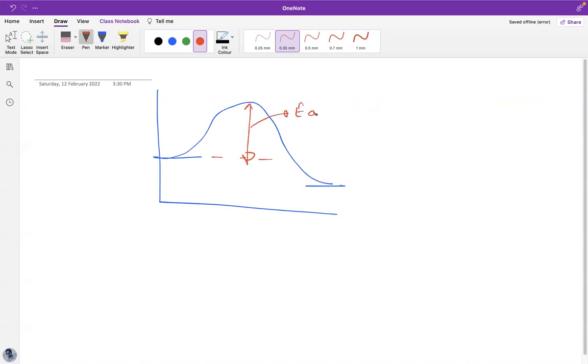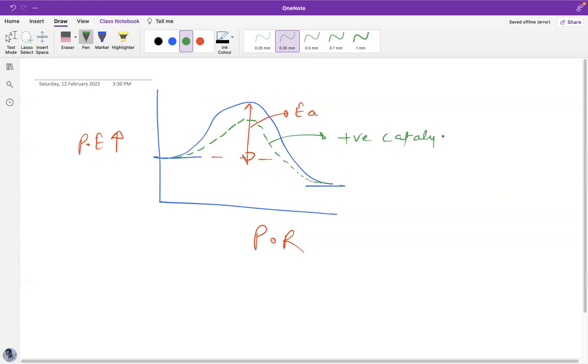Suppose I am using a positive catalyst, then what will happen? I told you that a positive catalyst will increase the rate of reaction by decreasing the activation energy. So decreased activation energy means this peak will go a little bit lower. So this is in the presence of a positive catalyst.